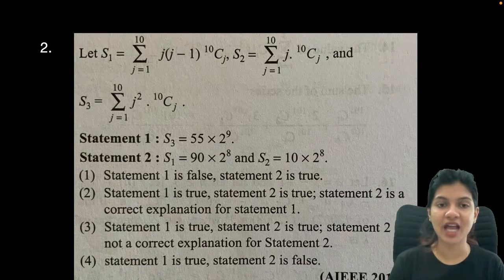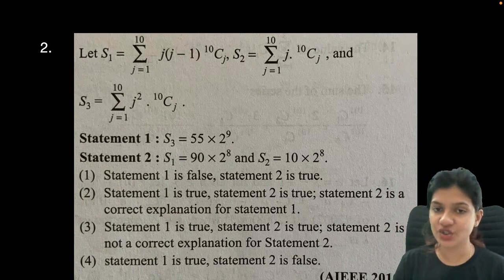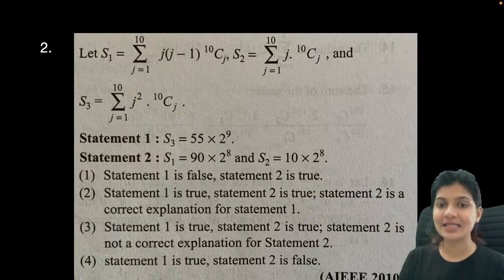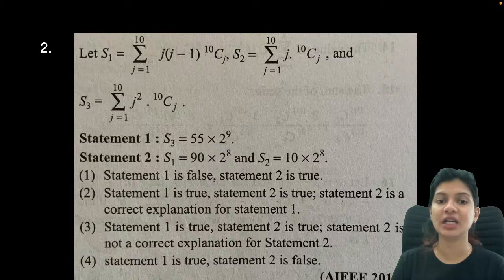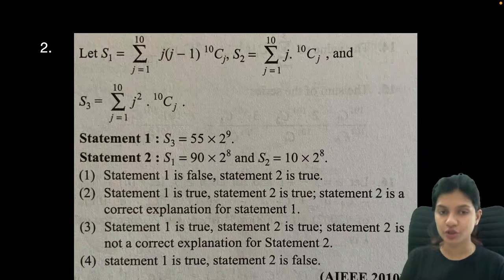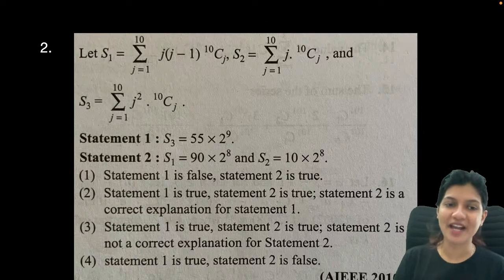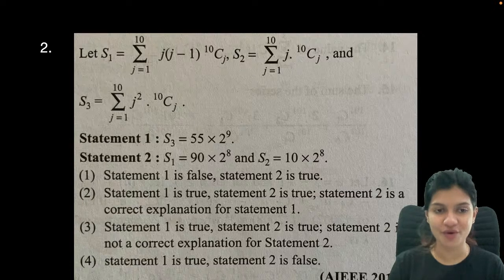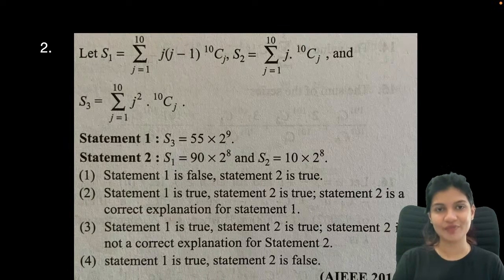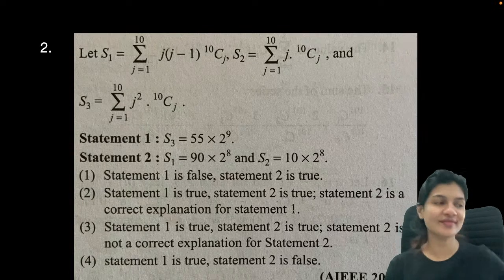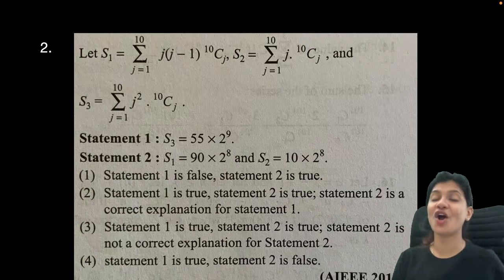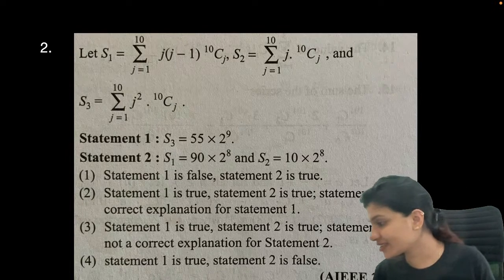Option 3: statement 1 is true, statement 2 is true, statement 2 is not a correct explanation of statement 1. And finally, option 4: statement 1 is true and statement 2 is true. Which option is correct?